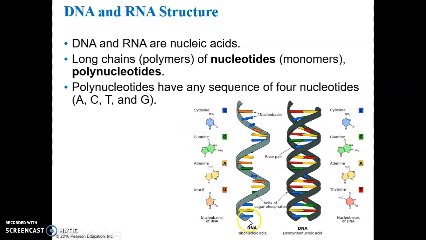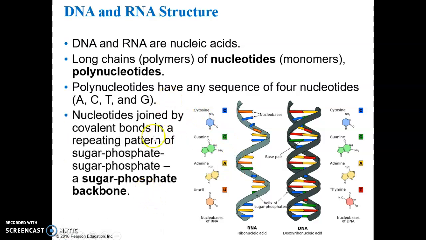You'll notice over here on the left, RNA also has 4 nucleotide bases: C, G, A, and U. The main difference between DNA and RNA in terms of these bases is that RNA has the base uracil, U, while DNA has the base thymine, T. But again, we'll talk about that more in a bit.